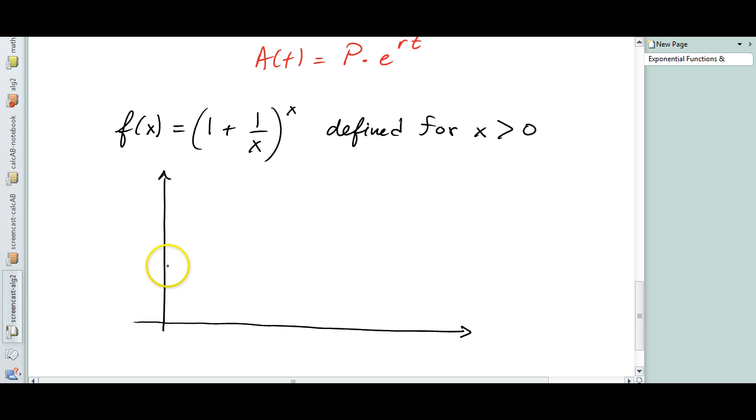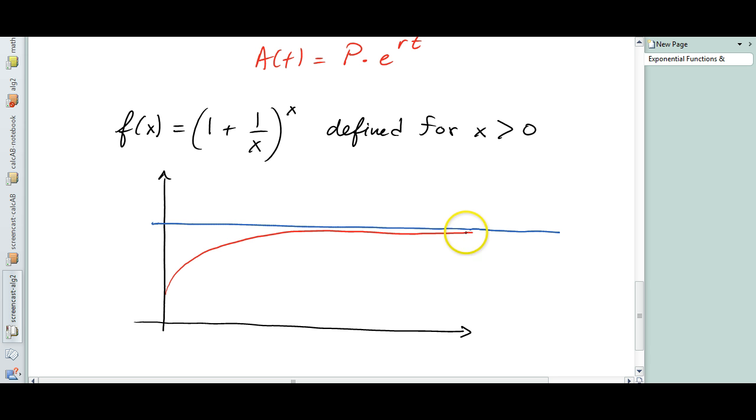The graph looks like this. And what you notice is that there seems to be an asymptote.